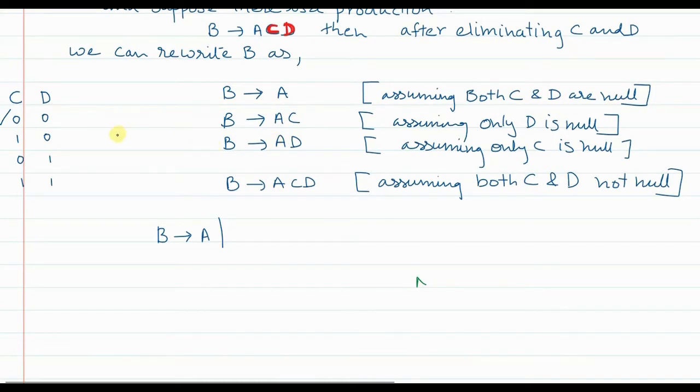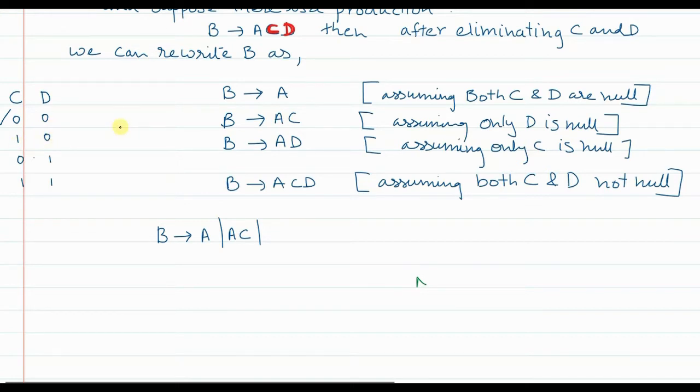Next we assume that C is not null but D is null. So when C is not null and D is null, you are going to get the term AC, because D will not exist but C will exist. So B gives AC when only D is null, meaning D is non-existent whereas C is existent.